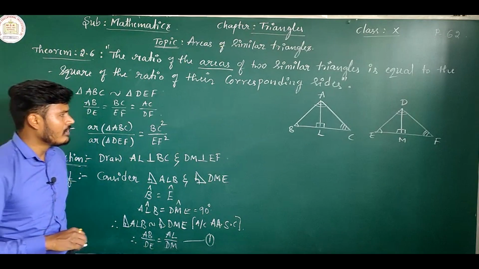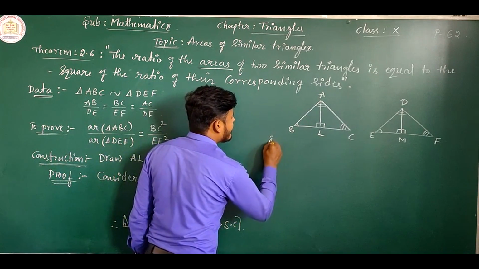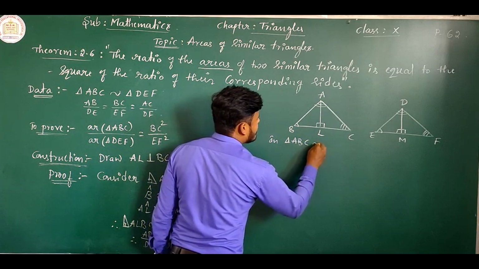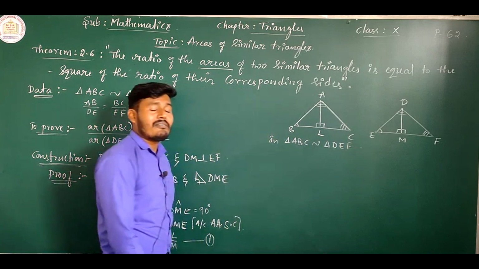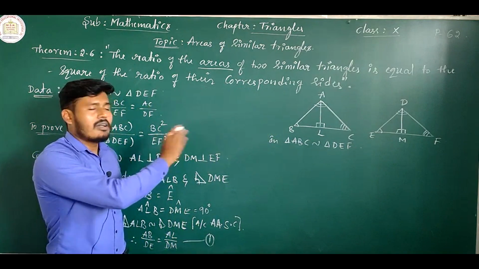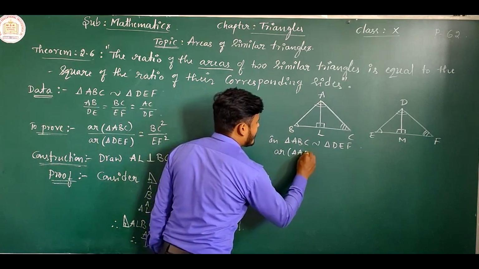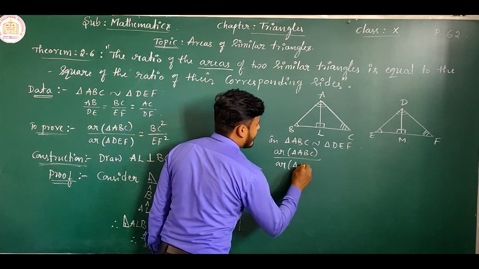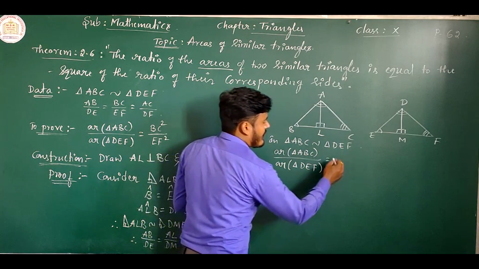So now we are moving on to the second one, that is in triangle ABC similar to triangle DEF, you just apply the area formula among these two triangles, then we get area of triangle ABC divided by area of triangle DEF is equal to, what about the area of triangle ABC?